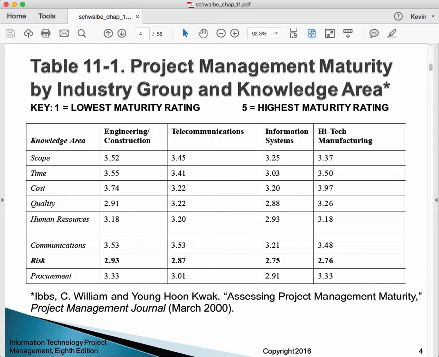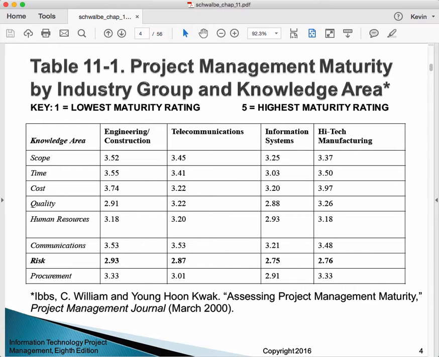So if we want to talk about information systems, which is the theme of the book, let's just look across the row for risk of all of the industries. We're the lowest in information systems, and we're only a little bit lower than high-tech manufacturing, but in some kind of absolute sense we're the lowest.